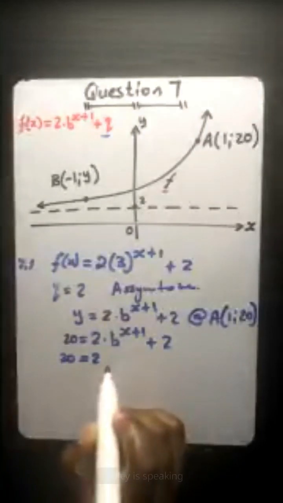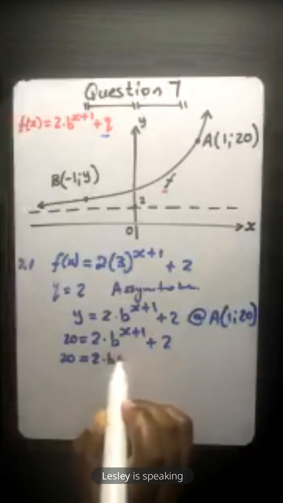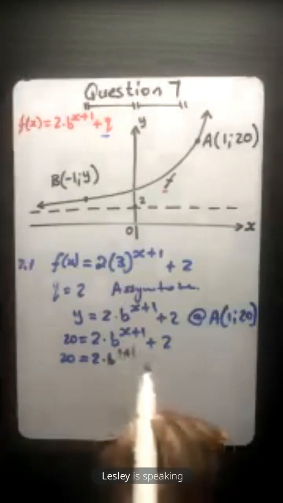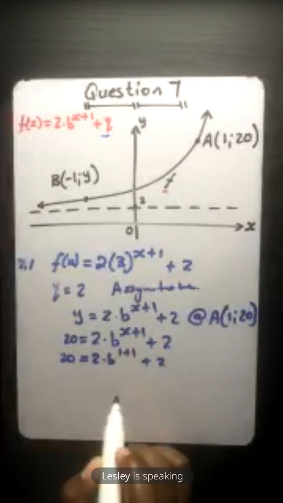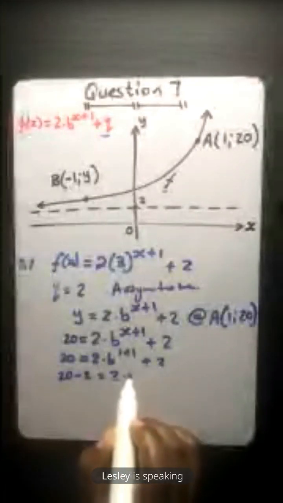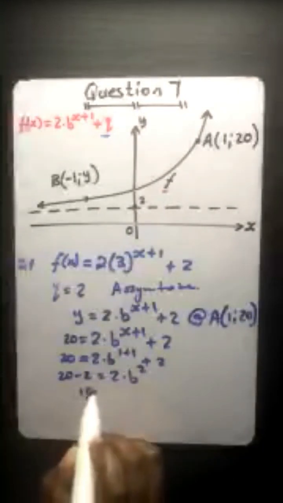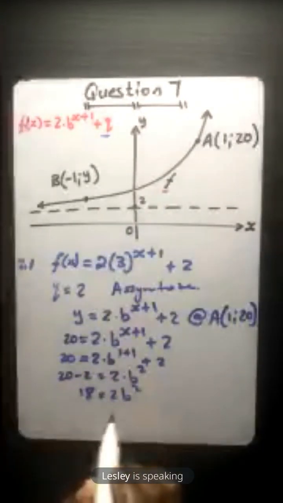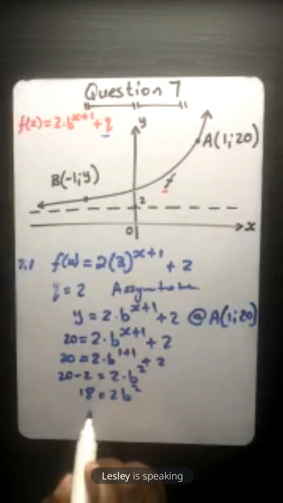So, continue. Okay. b exponent 1 plus 1 plus 2. 18 is equal to 2b exponent 2. And yes, divide by 2 both sides. Then what are we having when we divide by 2? 9.